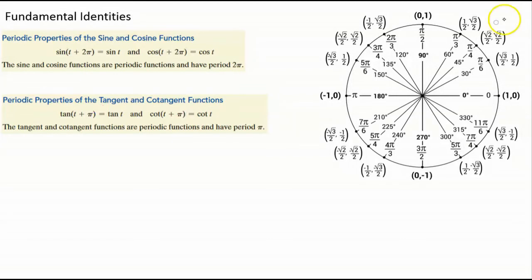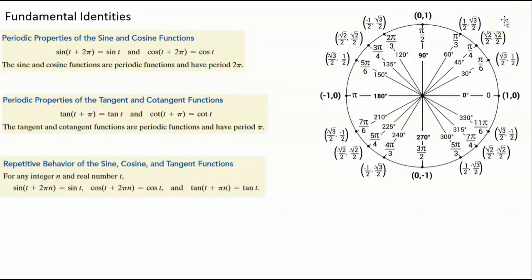Now we can summarize all that up by talking about the repetitive behavior of sine, cosine, tangent, and they could include cotangent here as well. But sine of t plus any even multiple of pi, this is important, any even pi, then you can ignore the even pi part and just evaluate sine of t. Same thing for cosine. If you have an even pi, say for instance 16 pi, you can ignore that and evaluate cosine of t.